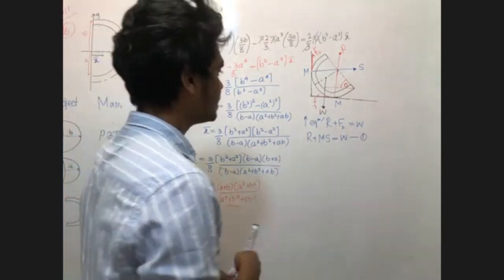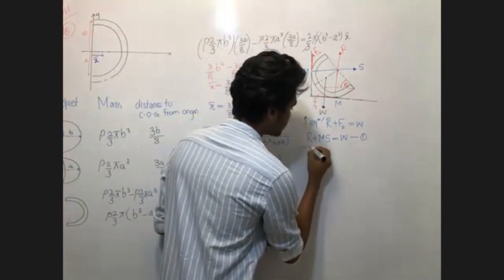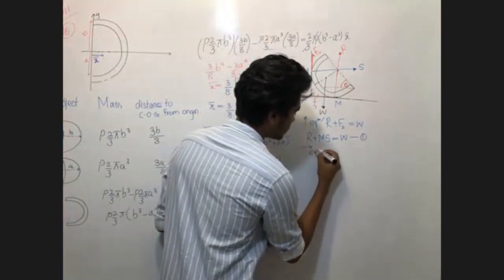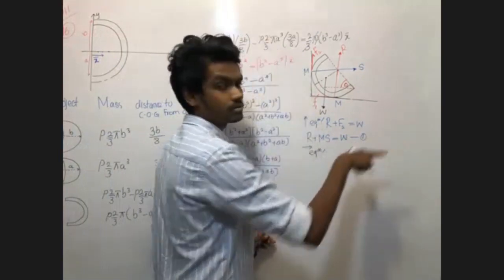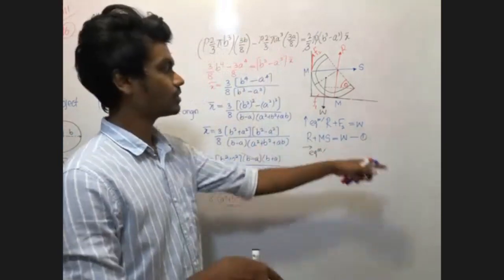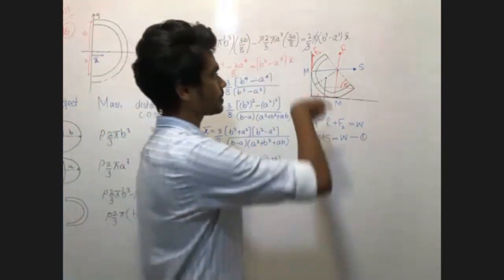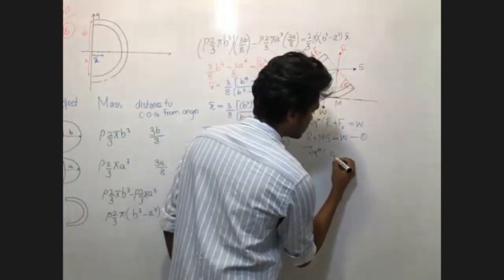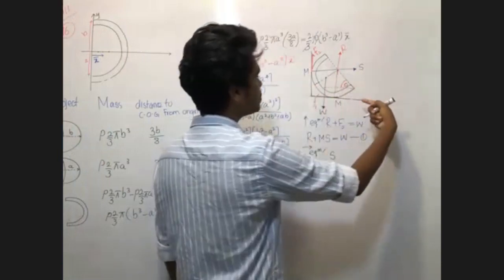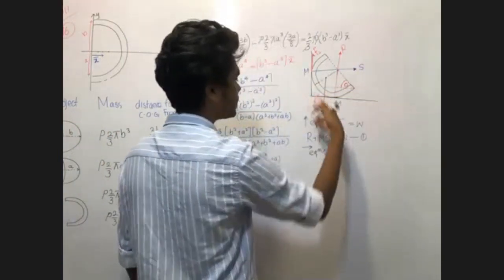Another equation, let's take by applying equilibrium in the horizontal direction. S is equal to F1. Here we take the shell and apply equilibrium.